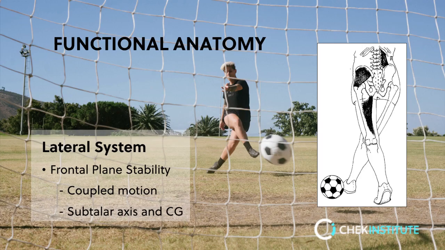This particular dysfunction can lead to what we would call a syndrome, lateral patellar syndrome, which says that it's the patella that's tracking lateral when really it's the lack of stabilization support for the lateral system.